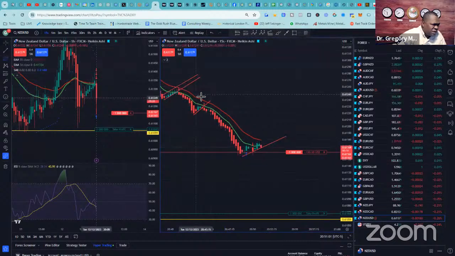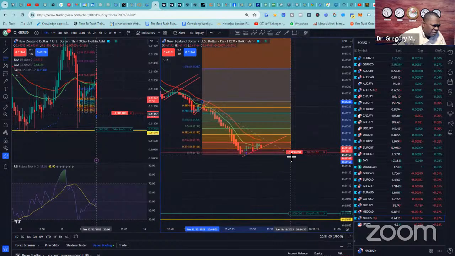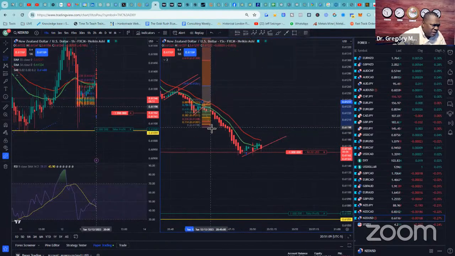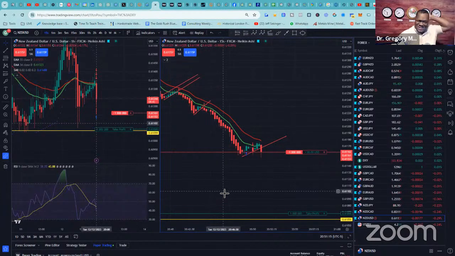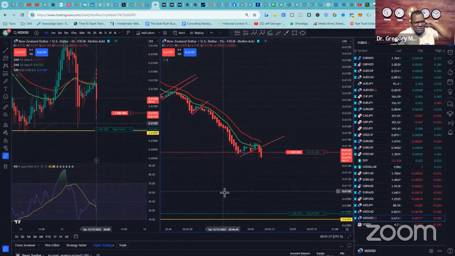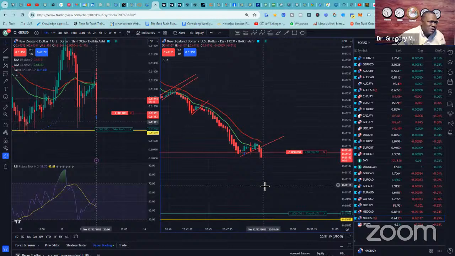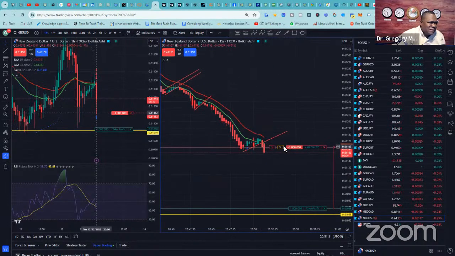From each entry, we can actually take a fib from the bottom to the top. We rallied to a 23% retracement, and it could be just like, just kidding, I was just trying to scare you guys. Oh, there we go. I'm going to move my stop loss back there.